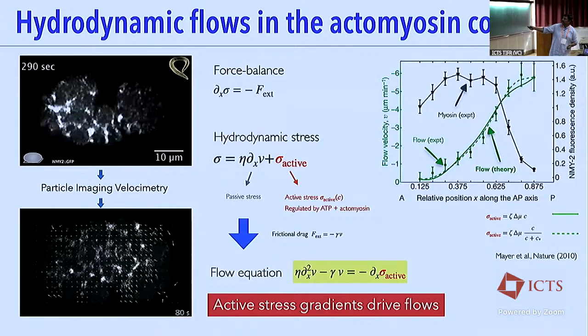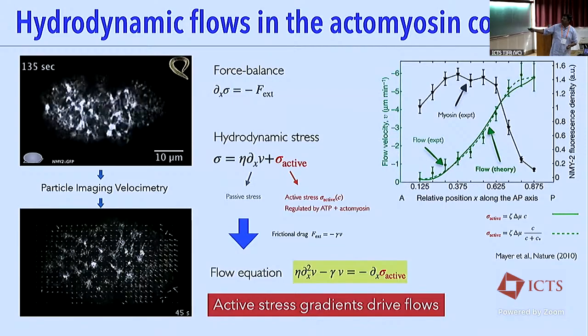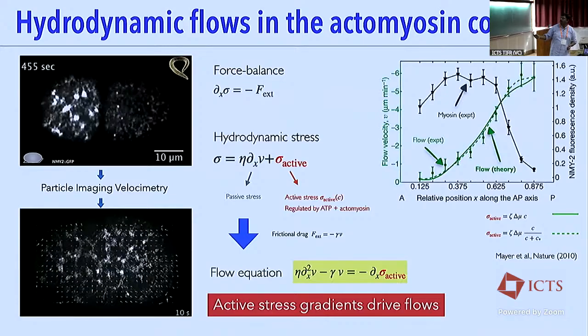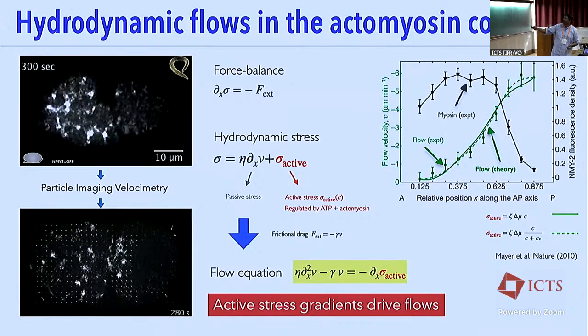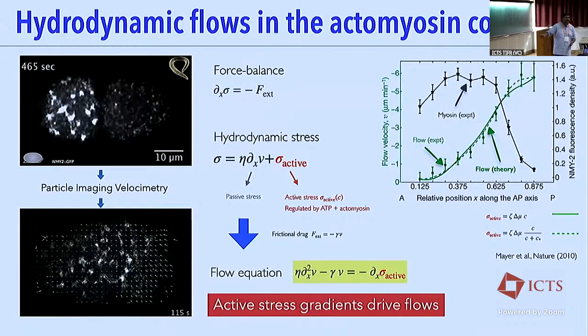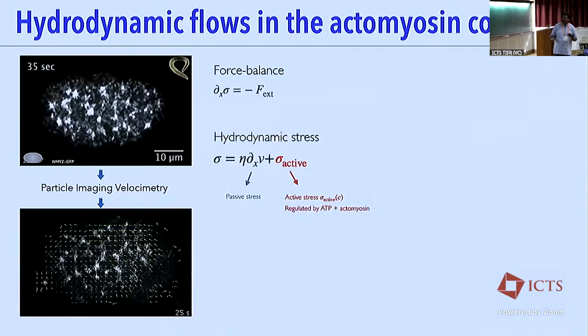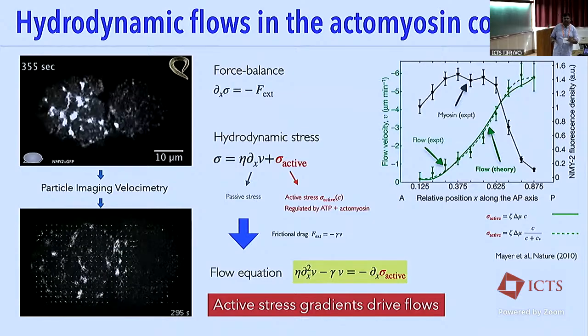Dotted points show the experimental flow profile, and the solid line and the dashed line show the fits of the theory to the experimental profile. If you notice, the flow is in real units, microns per minute. The concentration is, of course, arbitrary, but then you get these coefficients like the material properties of the cortex, right? This just shows that the idea of active hydrodynamics works in real living systems, the ones that are alive.